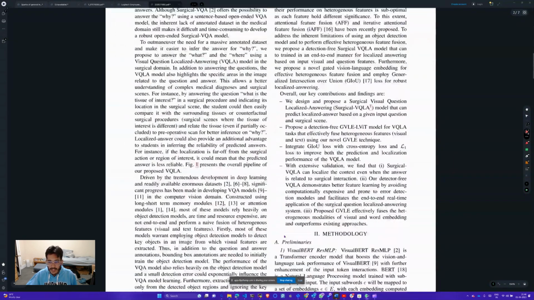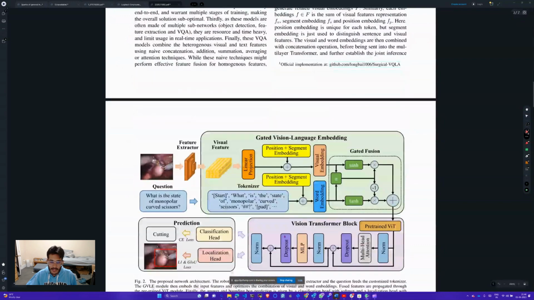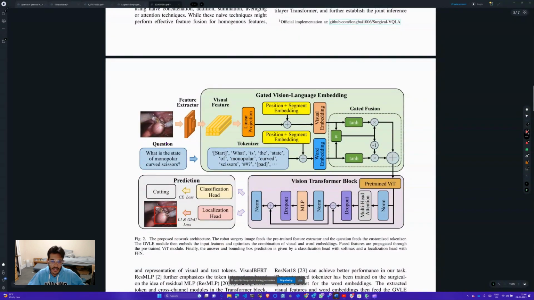And basically, how they do this is they have this image and a question. So they run the image through a feature extractor. They get the visual features. They tokenize the question, and add positional plus segmentation embeddings. Again, here as well, they add the positional plus segment embeddings, and they create a visual embedding.